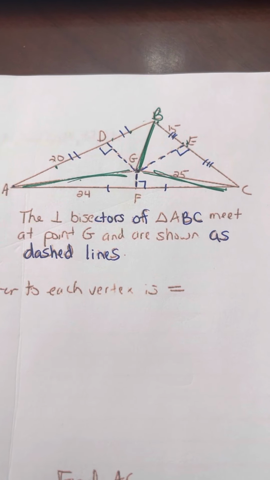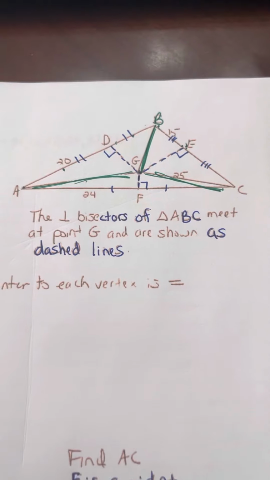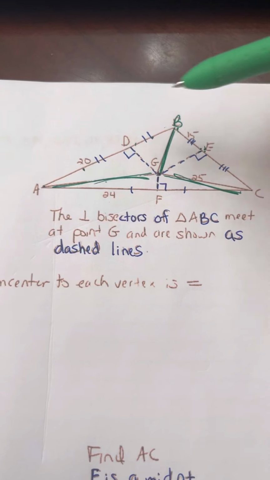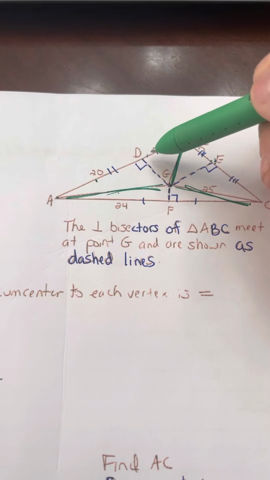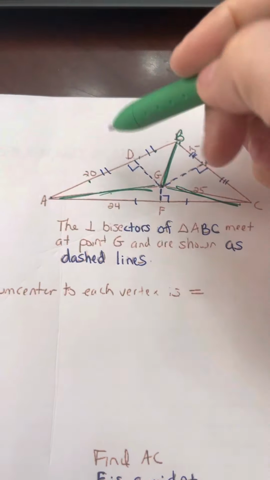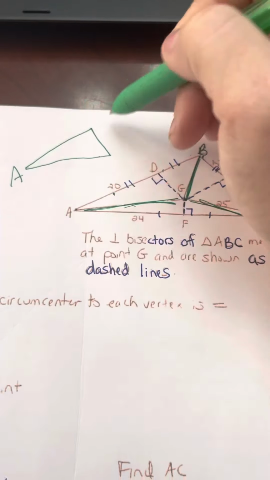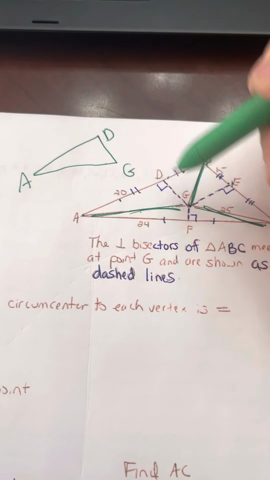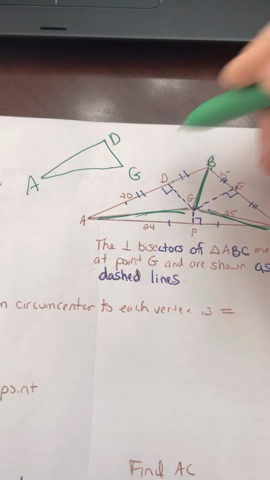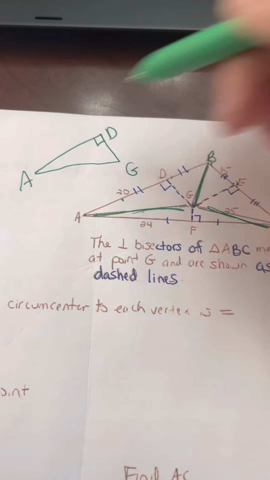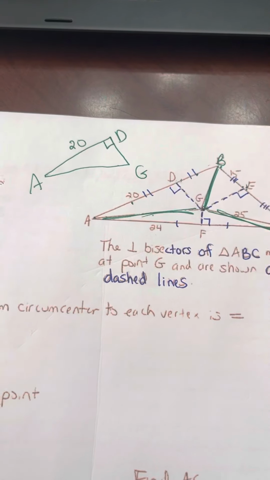I do want to point out, I'm not sure if there's a problem in your notes from your homework like this, that there's right triangles here. Look at this triangle here. Let me pull this out for a second. So this is ADG. I pulled this triangle out. We know this is 90. We know this is 20.